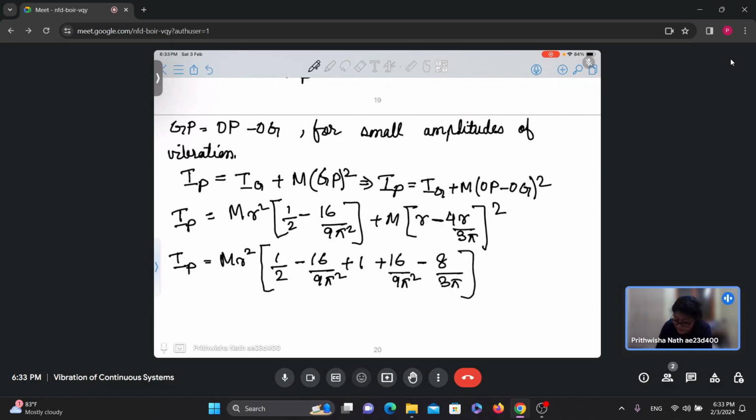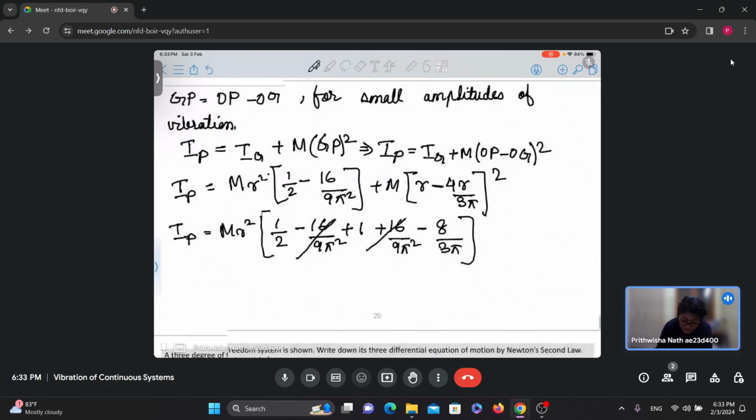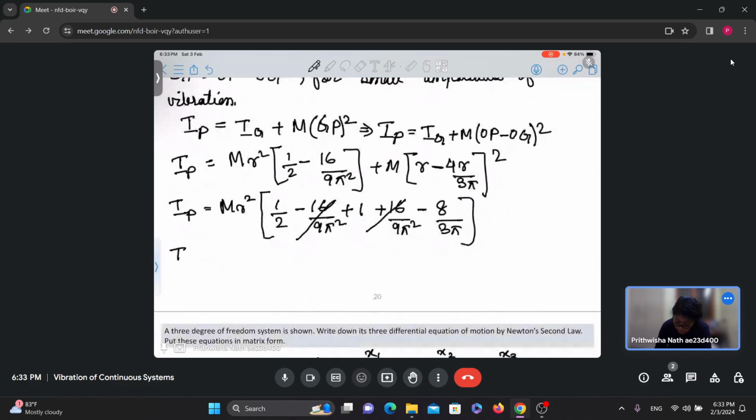So these two terms get cancelled. So finally, what is the expression for Ip? Ip equals mr square into 3 by 2 minus 8 by 3 pi.